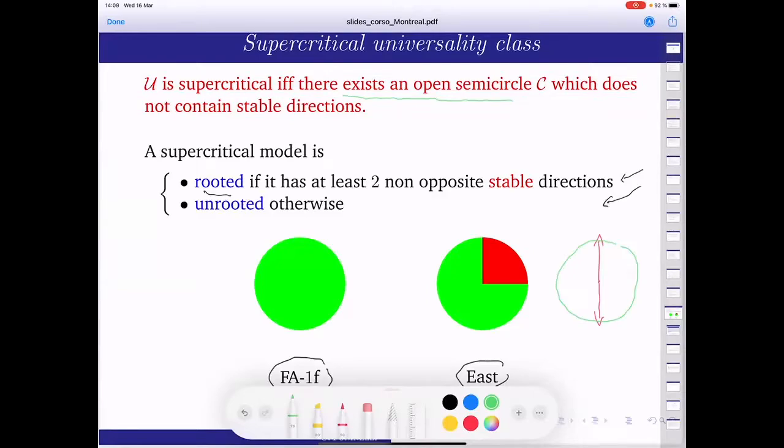Sorry? So Cristina, you mean non-opposite rather than not perpendicular for the stable directions? No, it's really non-opposite, in the sense that in order for a model to be rooted, I need to have at least 2 red directions which are non-opposite.